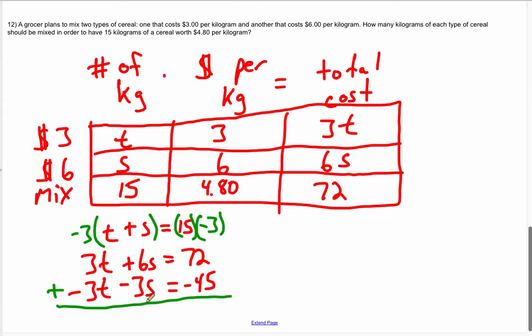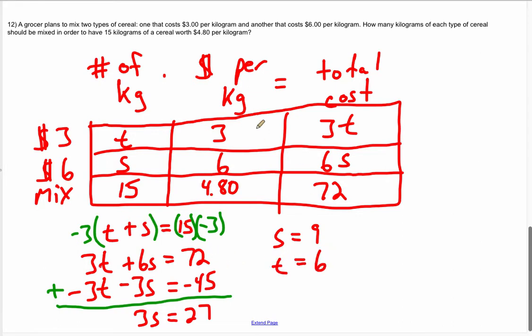Similar or same as the last two, I'm going to add them together to eliminate the T's in this case. So I'm going to end up with 3S equals, let's see, 27? Is that right? 27? 27 plus 45? Yeah, okay. Dividing by 3 gives us S equals 9. And then putting that into this equation here, that means T must equal 6.